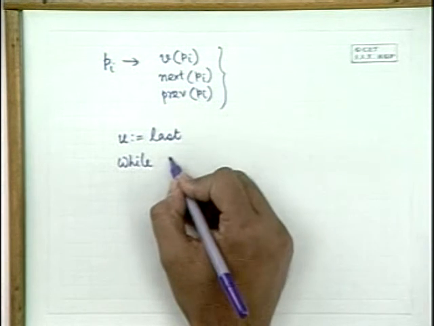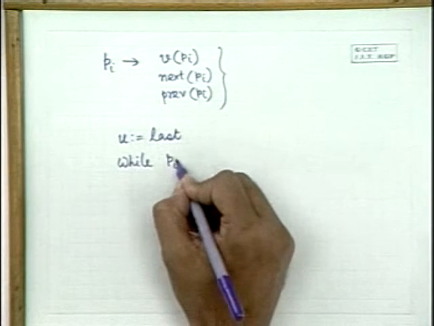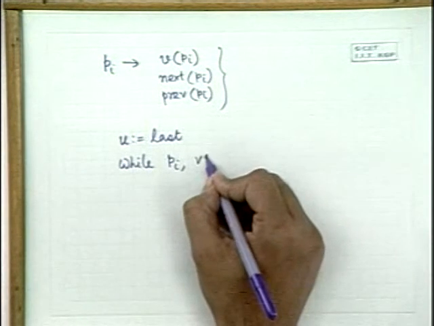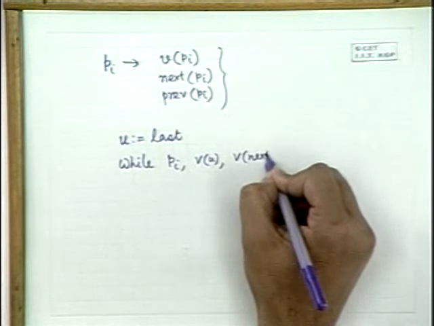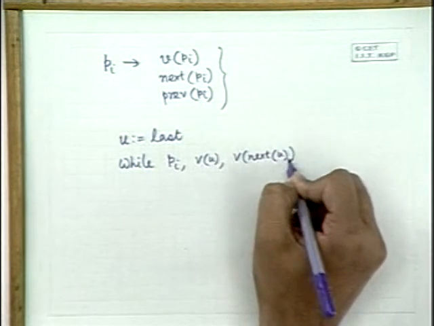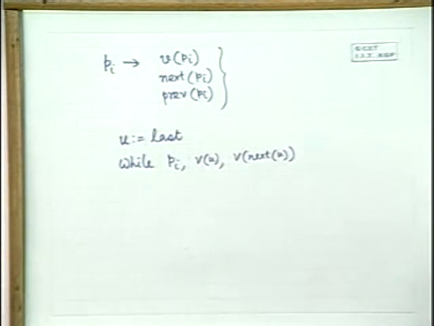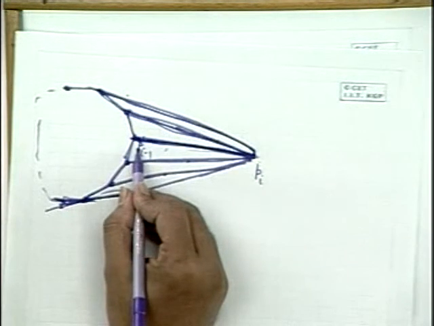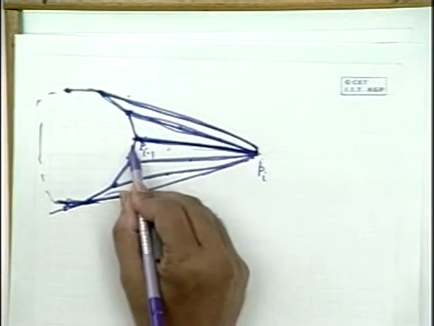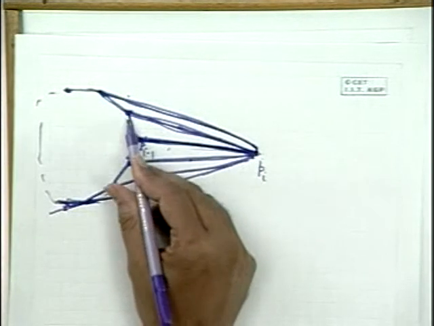So while pi, v of u and v of next u. Here this is pi, this is your last, your u, and next of u is this.